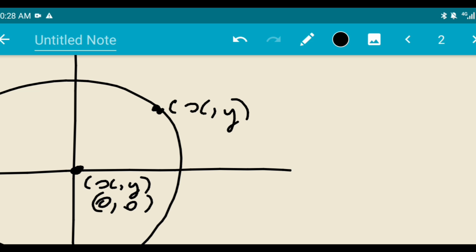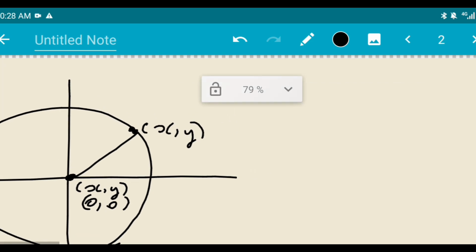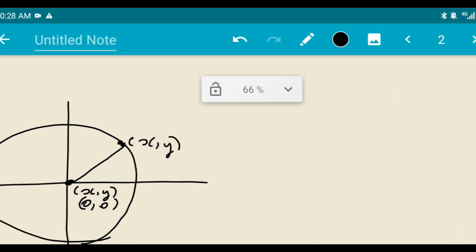To find the distance between these two, we can use the same approach which we did previously, to find the equation of a circle under conic sections.